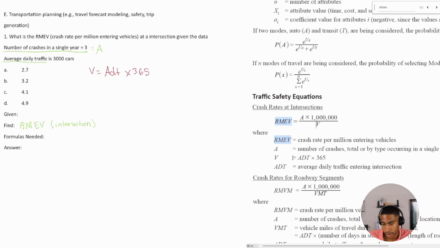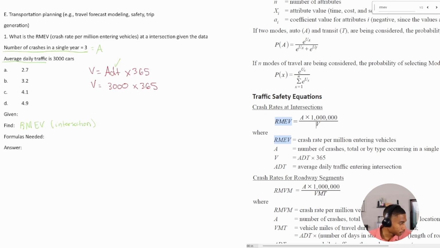Do we have ADT? Because I don't know what V is, so I don't have V, but do we have ADT? Well, ADT is the average daily traffic entering the intersection. Average daily traffic that we have is 3,000 cars. So we do, in fact, have ADT. So now we can solve for V. All right. So V is equal to 3,000 times 365.